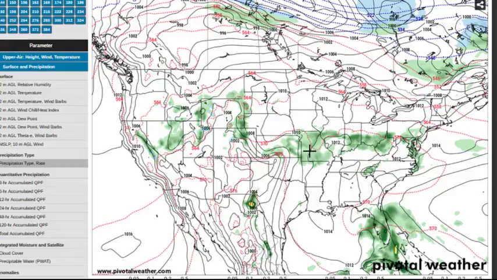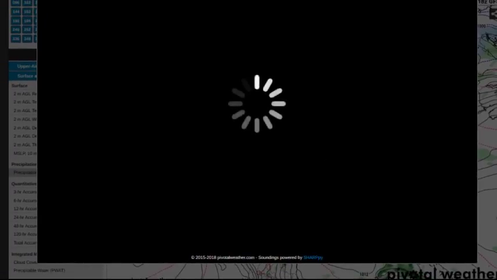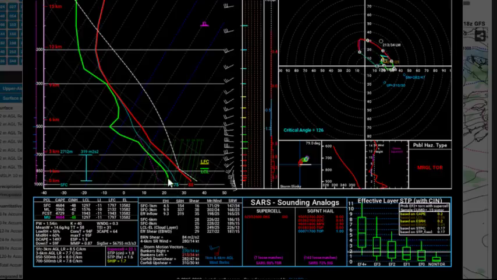For Monday, things look a little bit more baroclinic there in the Texas Panhandle, forming a little bit of a stable wave there in northwest Oklahoma. Still got the flow coming up from the south, and let's check the soundings one more time. Again, this is for Monday. Fairly decent moisture, looks like lots of 60s dew points.